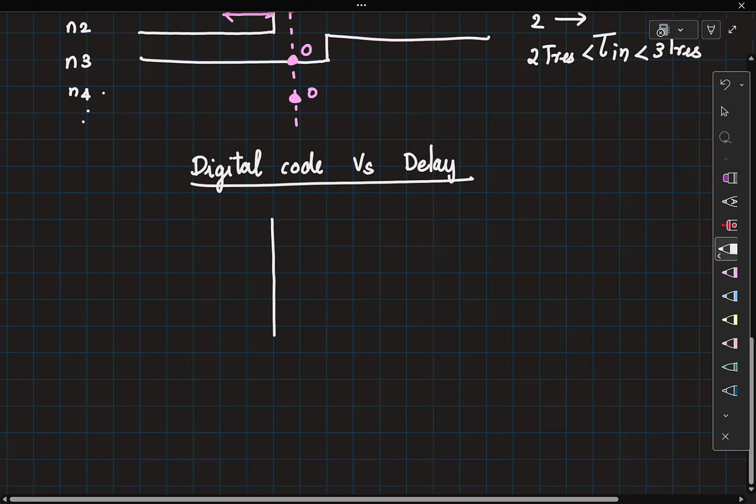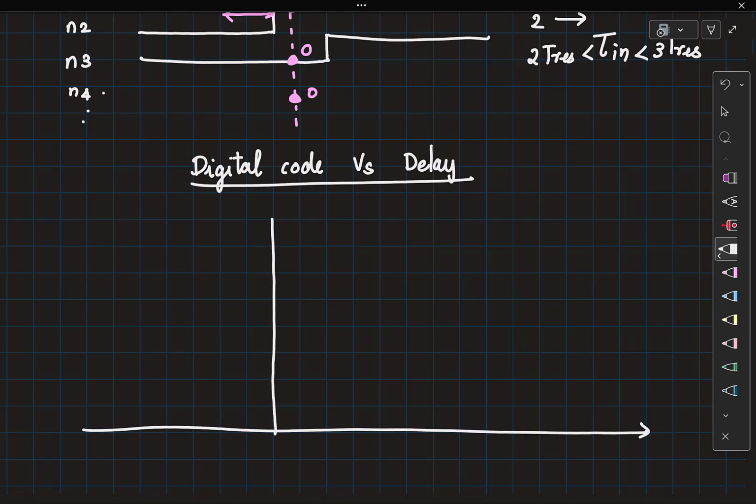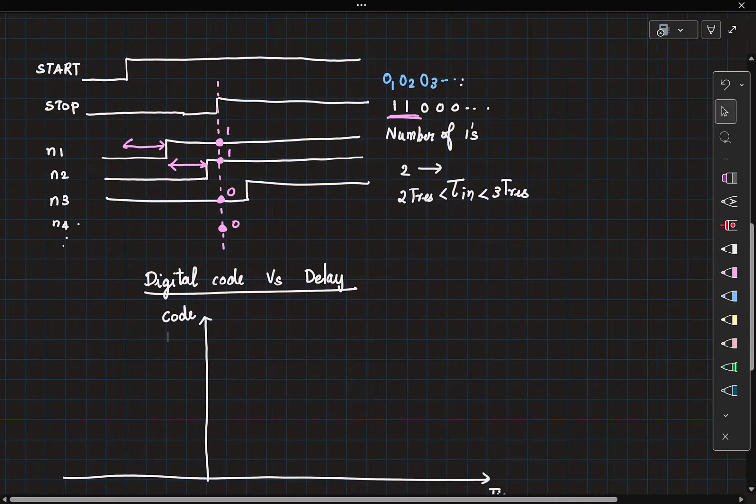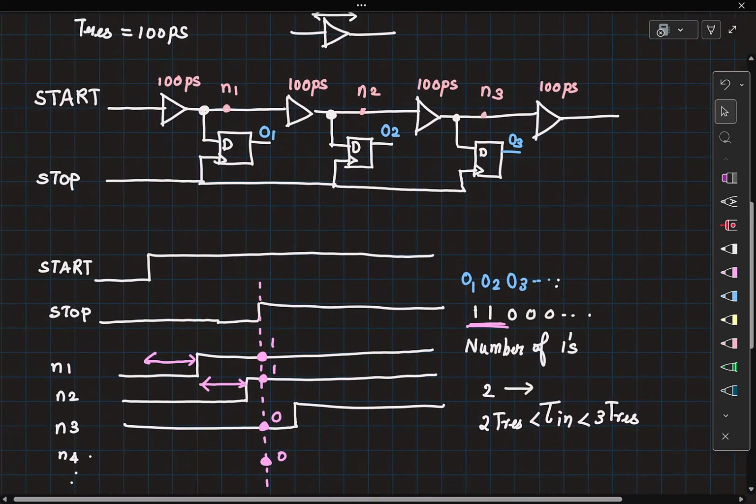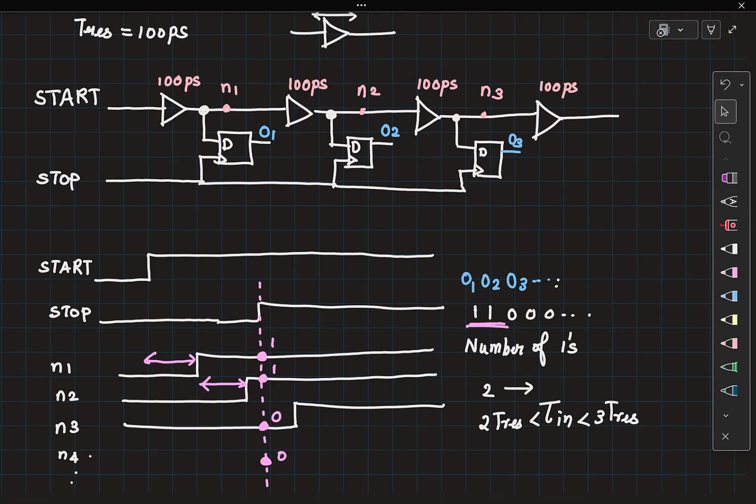So I'm going to give T_in on the x-axis, and we are going to look at code on the y-axis, right? Now for this particular system, when your time interval was 0, let's say the start and stop occurred at the same time instant, what is the output?